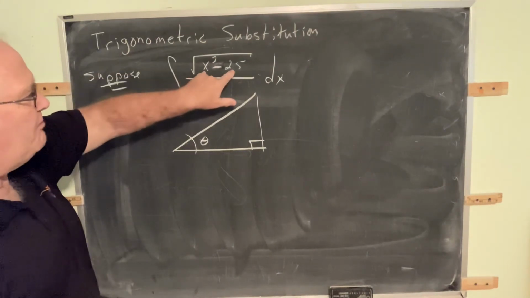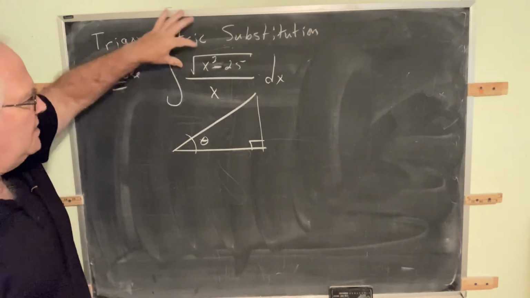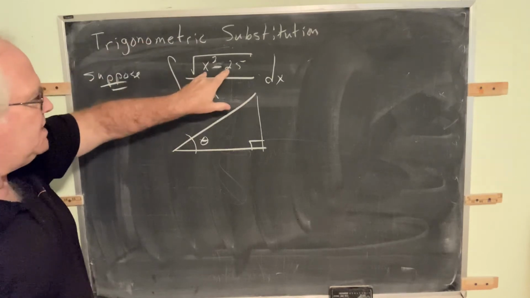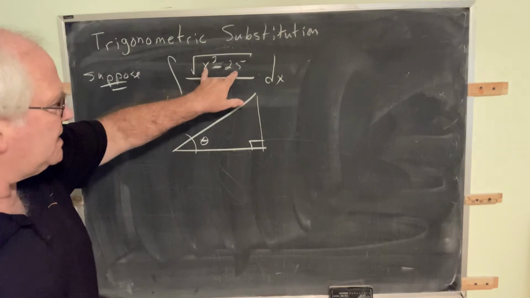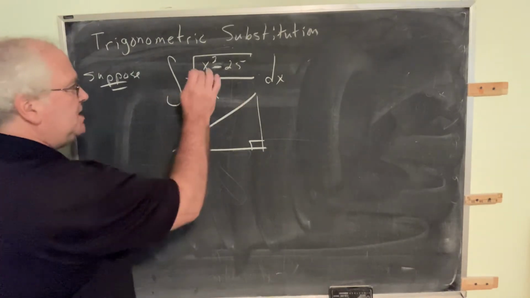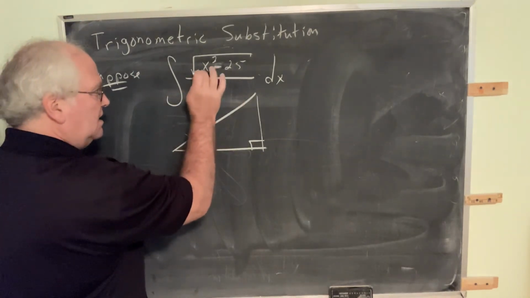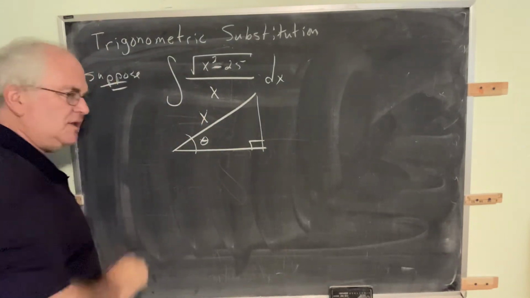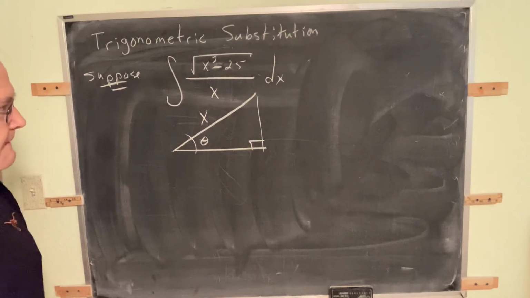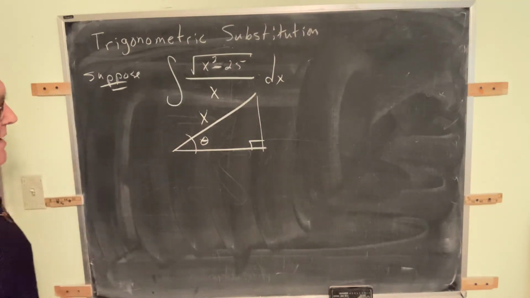If this is square plus square, then the hypotenuse is the entire radical. If this is square minus square, do you remember the rule? If this is square minus square, then the hypotenuse is this first square root. So in this case, x is the hypotenuse.